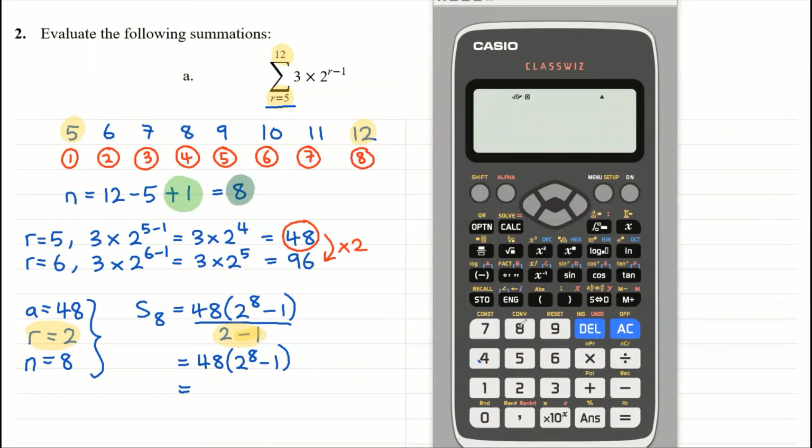So 48, oh, got to click on the mouse option. 48 multiplied by, open a bracket, 2 to the power 8, come out of that, subtract 1, close your bracket, and we get 12,240. So that's good. We can fill that in. So this is 12,240, and there we go.